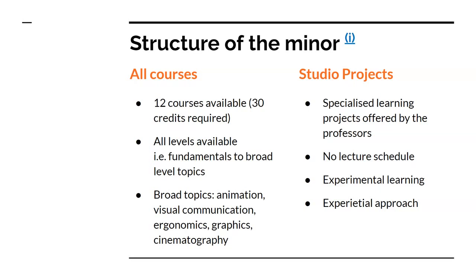So you have to constantly keep checking which courses are available on the portal whenever we are choosing the courses. And for this minor, you have to complete a total of 30 credits, and all of the courses in the IDC minor are of 6 credits each. So you have to complete 5 courses for completing the minor.